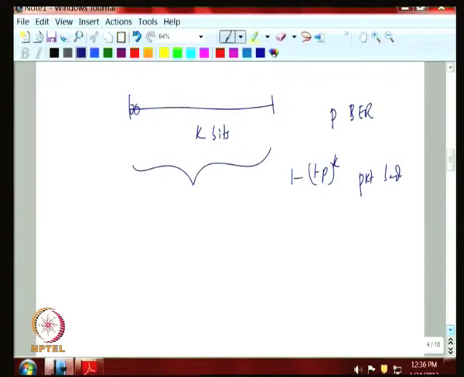Now even if p is very small, luckily for us, p is 10 to the power of minus 15 for disk. So if you do this, (1 minus 10 to the power of minus 15) to the power of k, let us say k is 8 kilobytes.